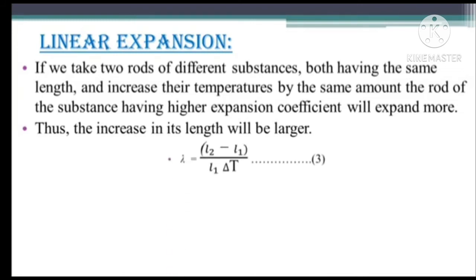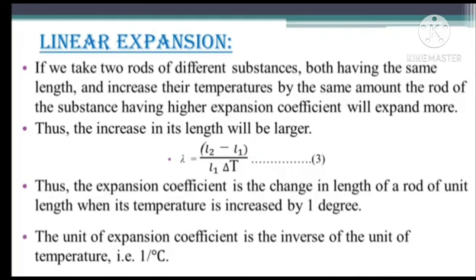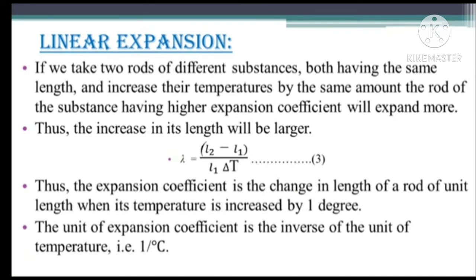An equation can be written like this: lambda, which is the coefficient of linear expansion, will be equal to L2 minus L1 divided by L1 multiplied by delta T. And thus the expansion coefficient, lambda, is the change in length of a rod of unit length when its temperature is increased by 1 degree. The unit of expansion coefficient is the inverse of the unit of temperature, that is 1 per degree Celsius.